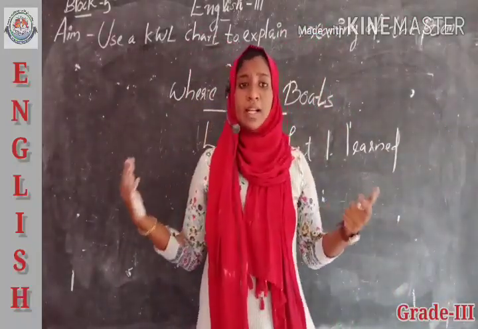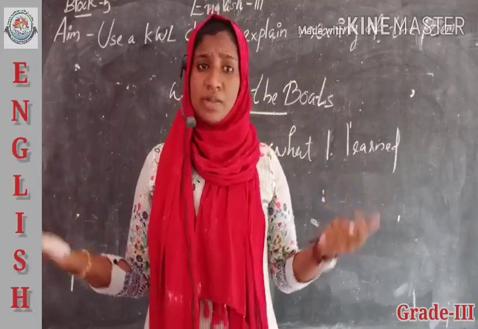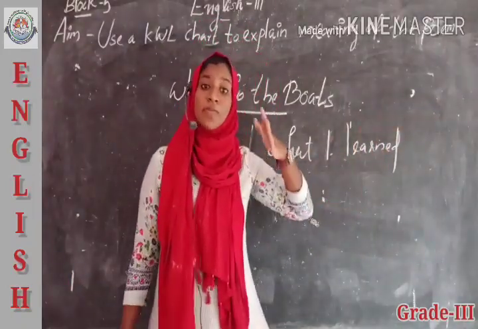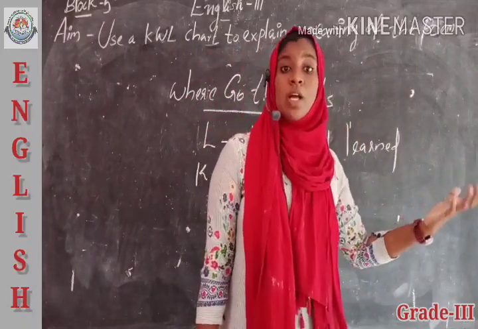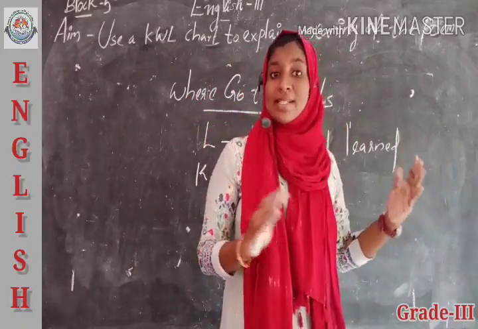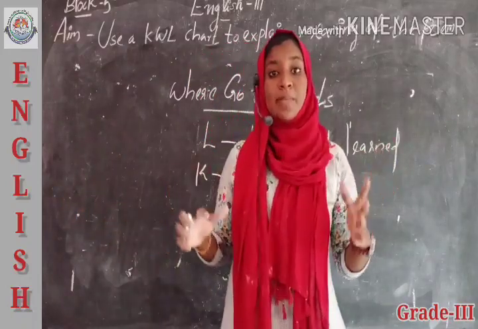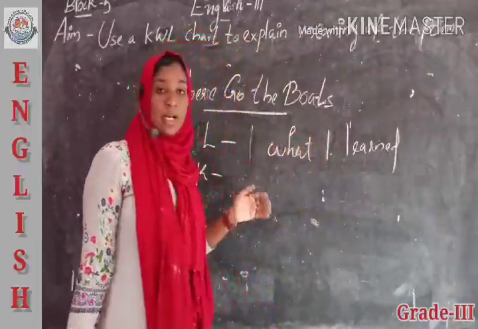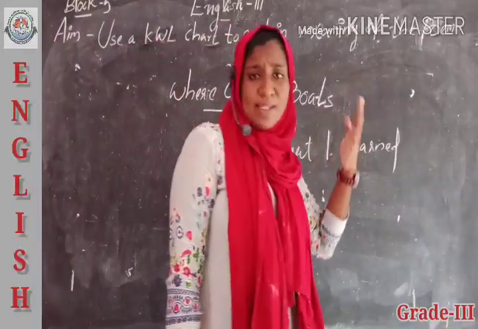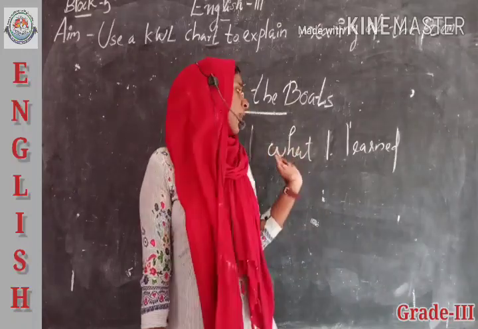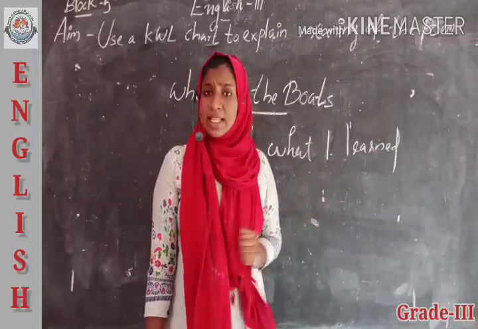So the K part helps us with what you already know, and the W part helps us with what you want to know from this poem. So it is research. That means searching for what you need to know. So that means in the W part, you make a small research from that poem, isn't it? After completing that poem, you can write what we learned from that poem.